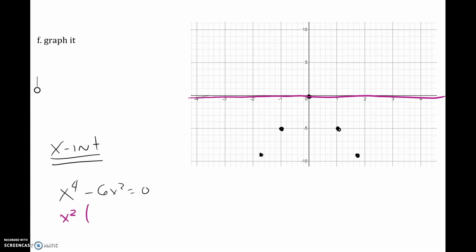Factor out an x squared. That leaves me with x squared minus 6. And then I get 3 x-intercepts, which makes sense on my graph. x equals 0. x equals plus or minus √6, if you set that one to 0, right?